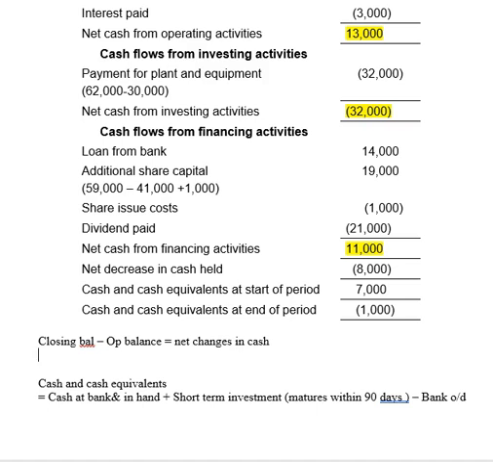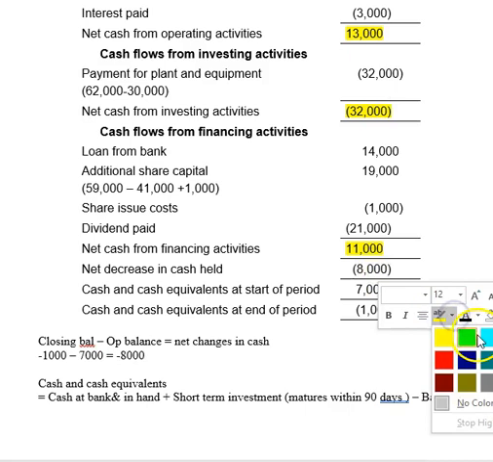So your closing balance equals to negative 1,000. So negative 1,000 minus your opening balance, which is 7,000, equals to negative 8,000. Okay, so this negative 8,000 is the same as the net decrease in cash that we have here. Okay, so this proves that our calculation is actually correct.